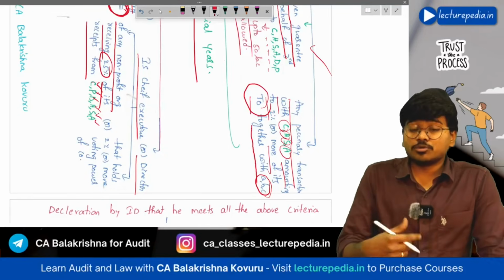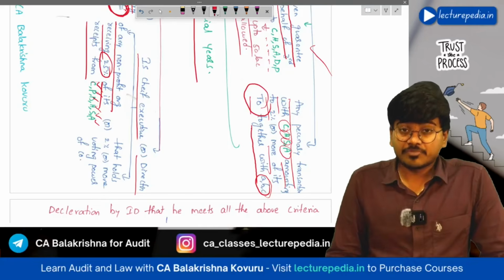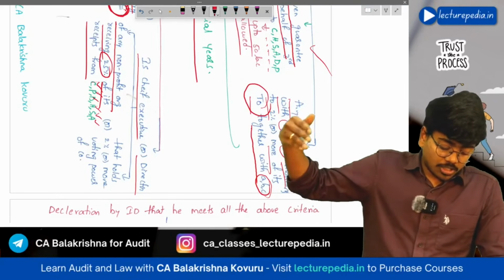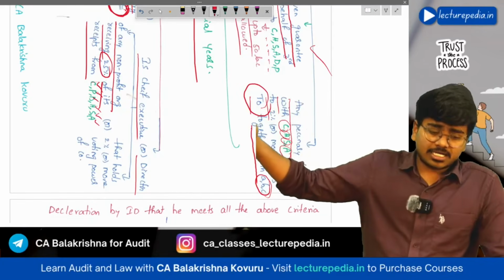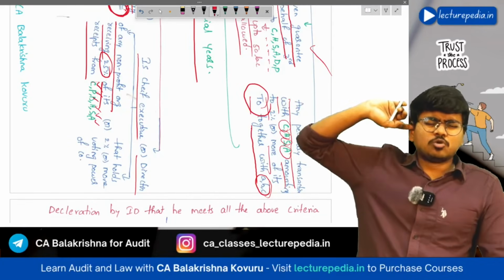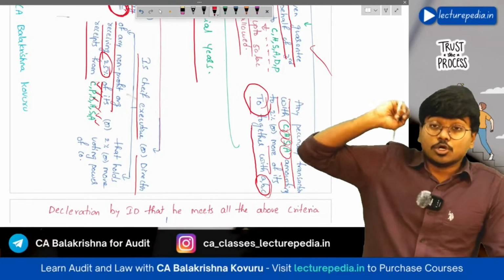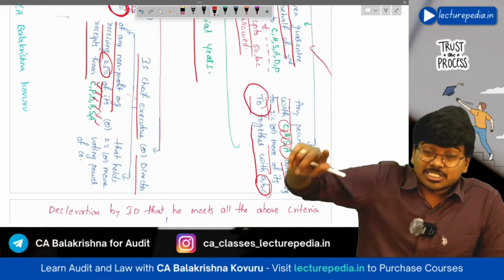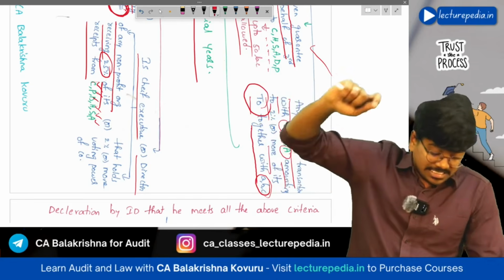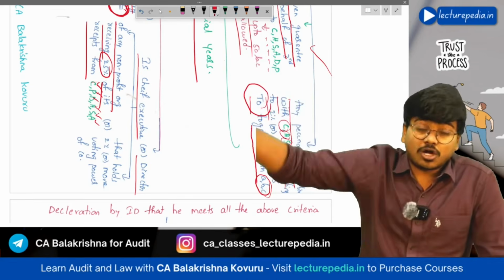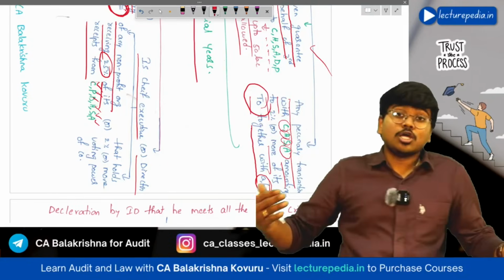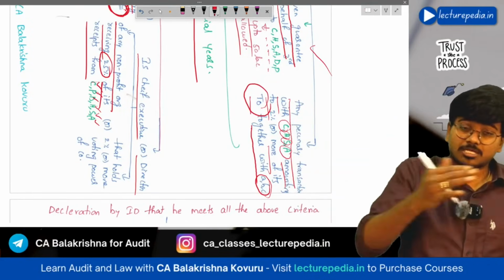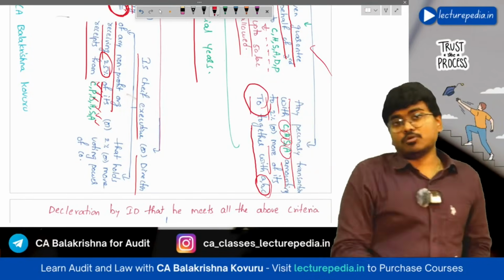So the person whom you are going to appoint as independent director should not be chief executive or director of such a non-profit organization which is receiving 25% of its receipts from your company, or your company's holding company, subsidiary company, associate company, or your company's director or your promoters.